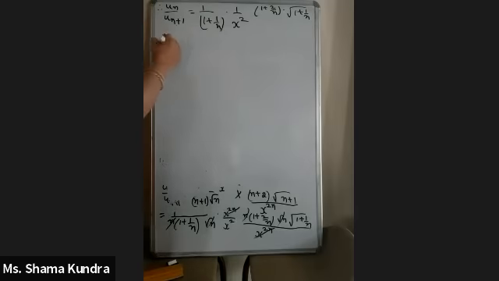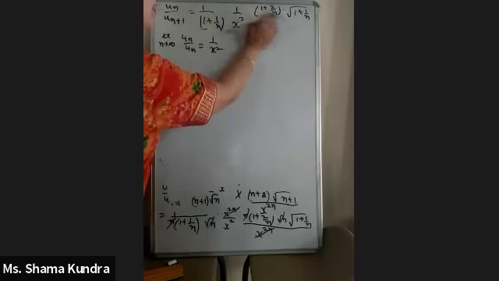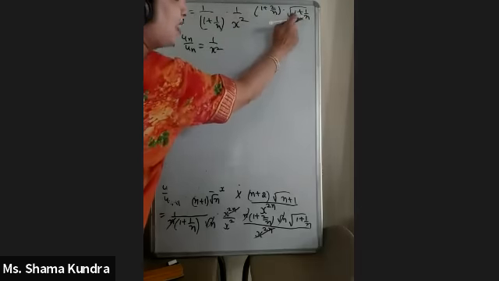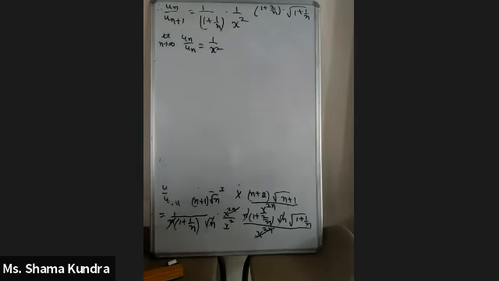Take the limit n tends to infinity. This is 0, 0 plus 1 is 1. Square root of 1 is 1. We are left with 1 over x square.